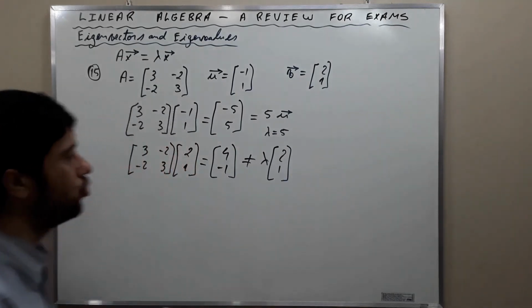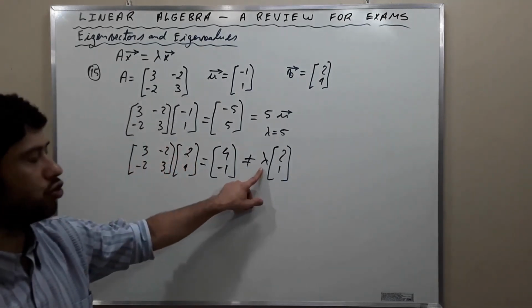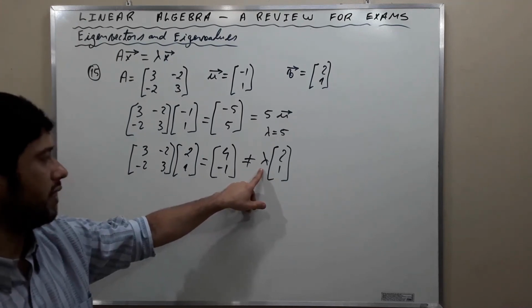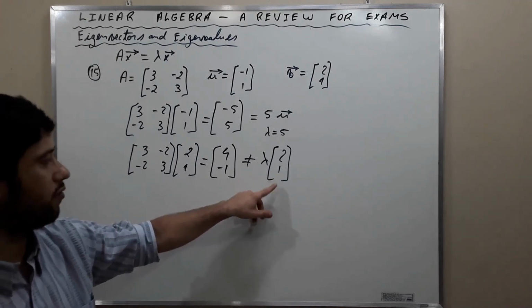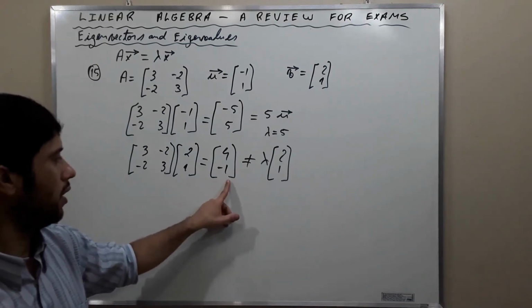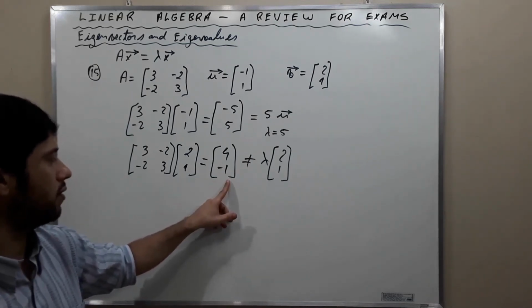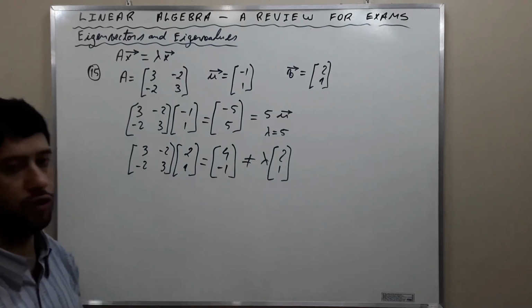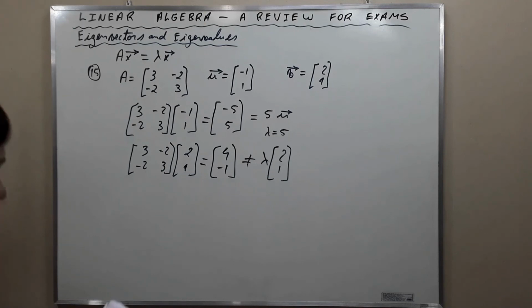So there is no scalar that we can multiply the vector by and find V. So V is not an eigenvector of the transformation.